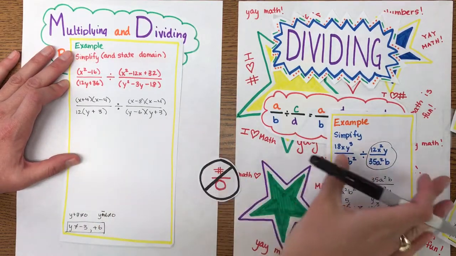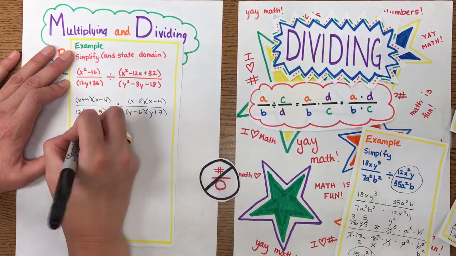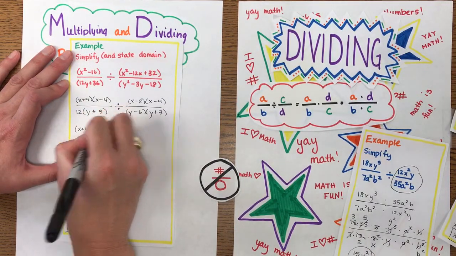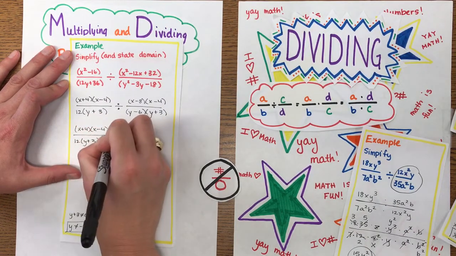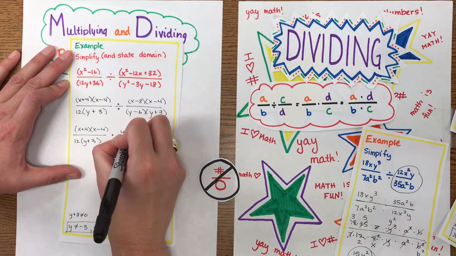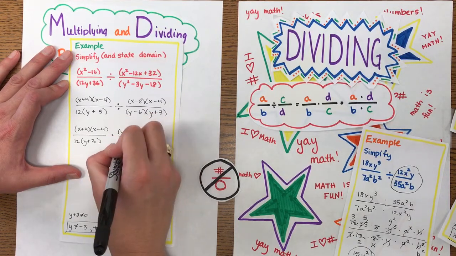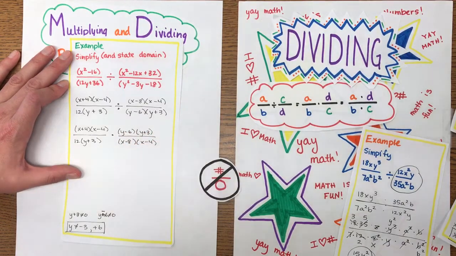Now, when I go from division, my next step is that I need to flip this. So I have x plus 4 times x minus 4 over 12 times y plus 3, times y minus 6 times y plus 3 over x minus 8 times x minus 4.